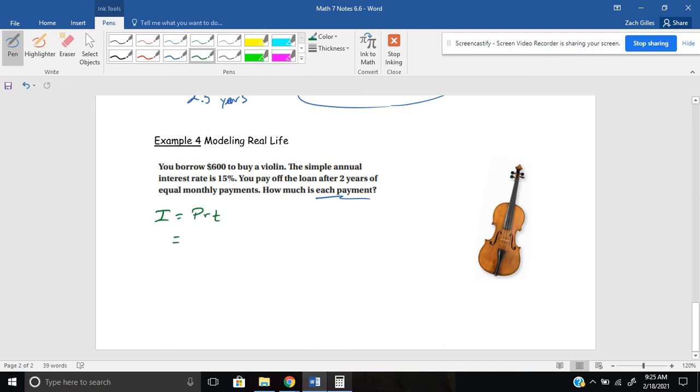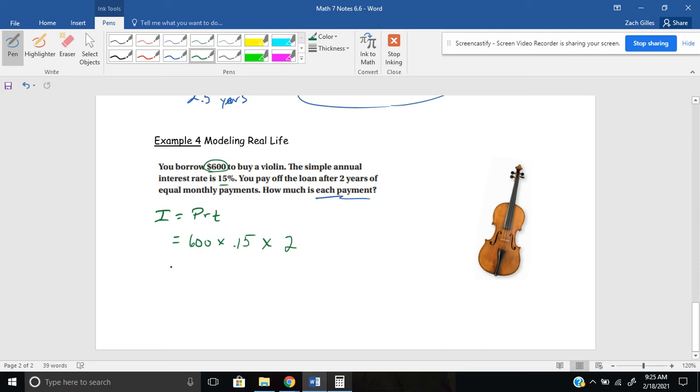Okay, so what do I know? Well, I know I borrowed $600, so that's going to be my principal. That's what I start with. I know my interest rate is 15%. That's kind of a big percent. So 15% as a decimal is 0.15. I also know my time is 2 years. So times my time.